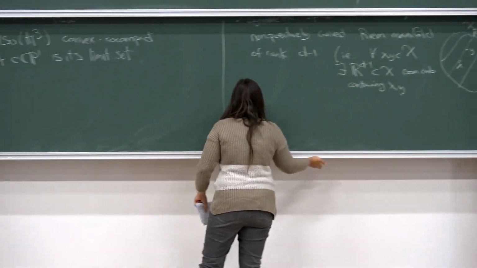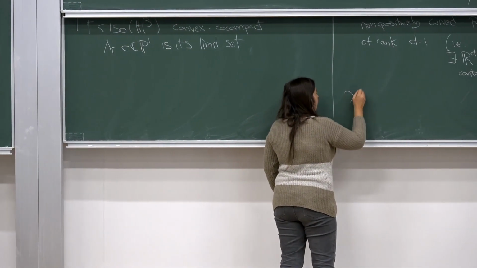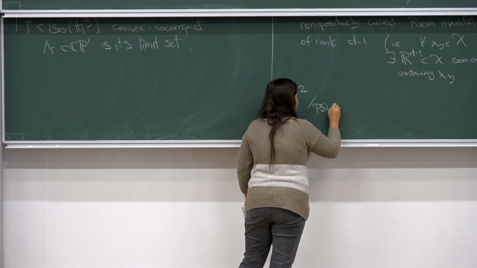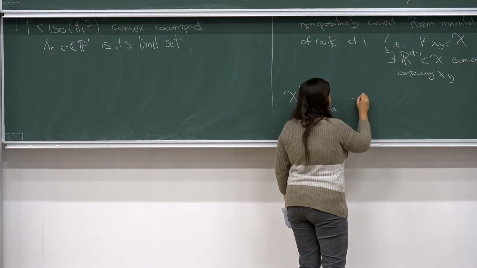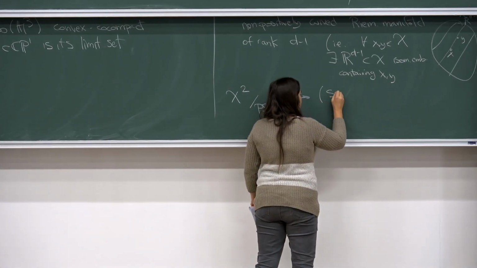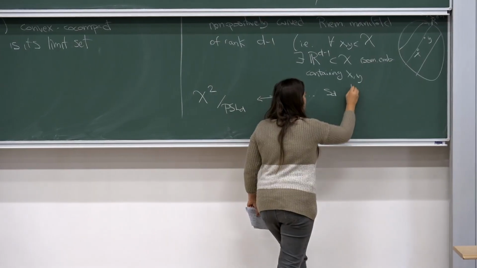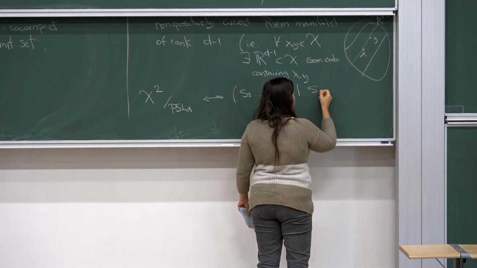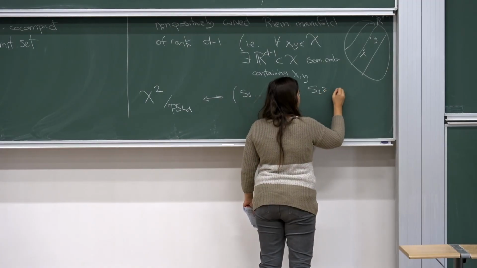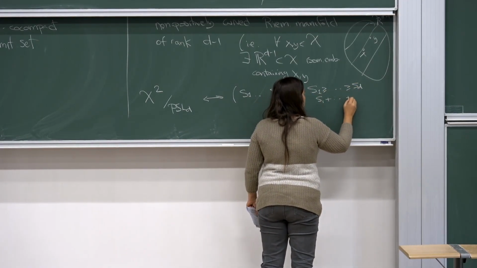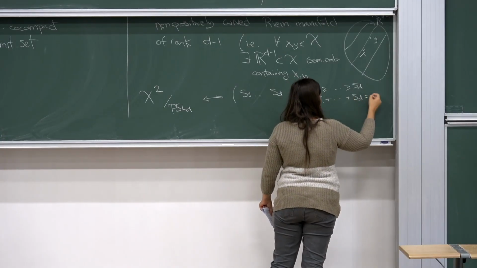But the point is that pairs of points mod PSL_d are really in bijection with lists s_1, ..., s_d such that s_1 is bigger or equal than ... than s_d, and s_1 plus ... plus s_d is equal to 0.